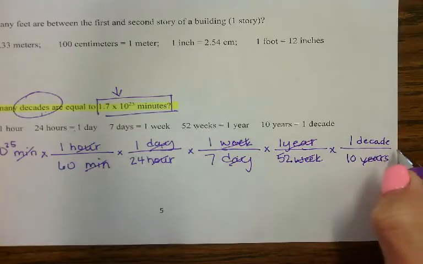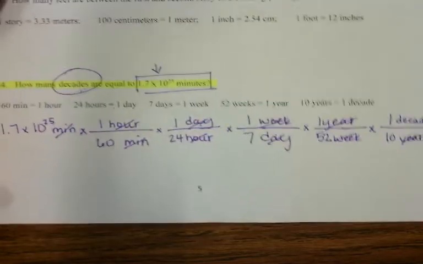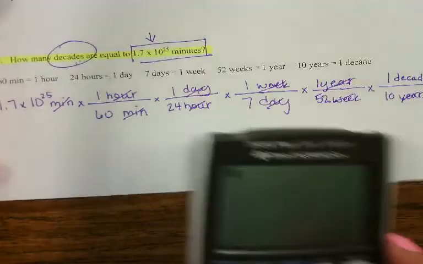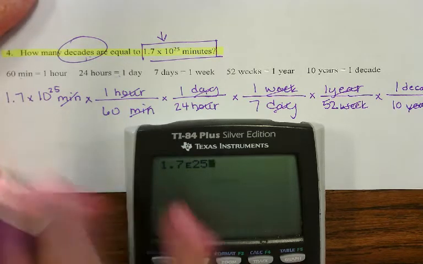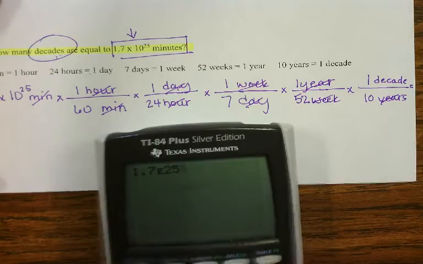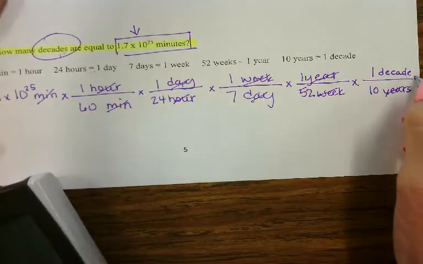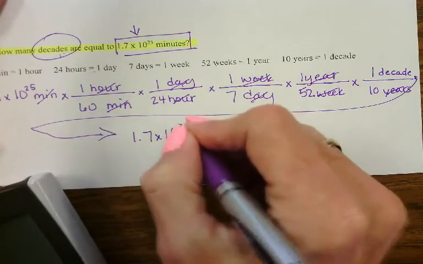Here we go. I have decade in my numerator, so I can stop and I'm going to do that math. Do not freak out. Okay, 1.7 times 10 to the 25th. I'll teach you guys how to do this later. I need to multiply everything in the numerator. Looks like there's just a bunch of 1s in the numerator, so that's going to be my numerator. 1.7 times 10 to the 25th in the numerator.